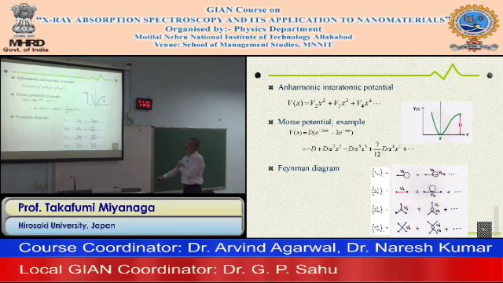How do we calculate the connection between the cumulants and the coefficients of the potential? The Feynman diagram is very convenient. For example, the second order cumulant has this diagram, and so on. The third order cumulant has this diagram.